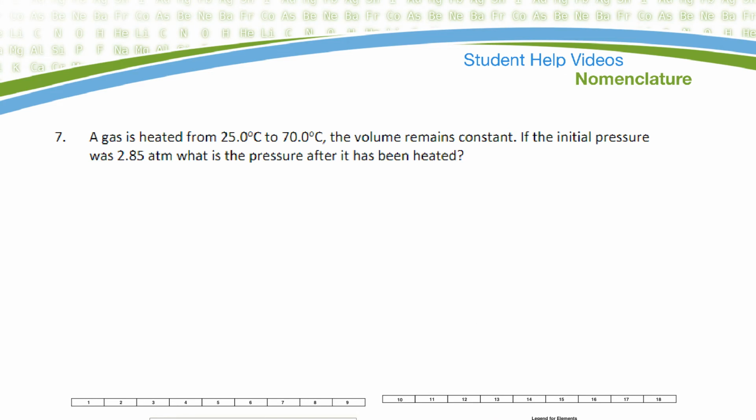Here's another one. A gas is heated from 25 to 70. Let's do our thing: P1, V1, T1, N1, P2, V2, T2, N2. My first temperature is 25, which we just did, that was 298.15.